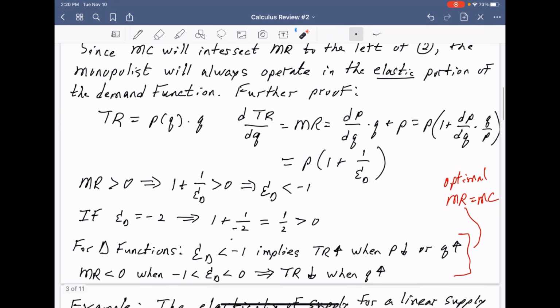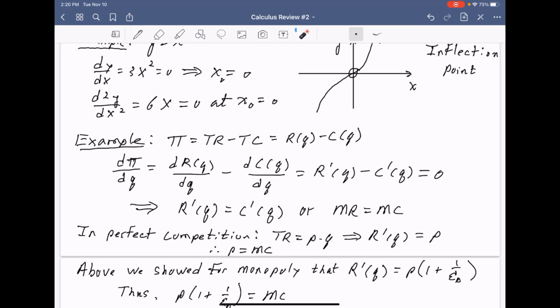So in perfect competition, we write total revenue is price times Q, and we take the first derivative of that, so we get R prime(Q) equal to P as opposed to marginal revenue. So marginal revenue here is equal to price in perfect competition. Therefore, we get that P is equal to your marginal cost.